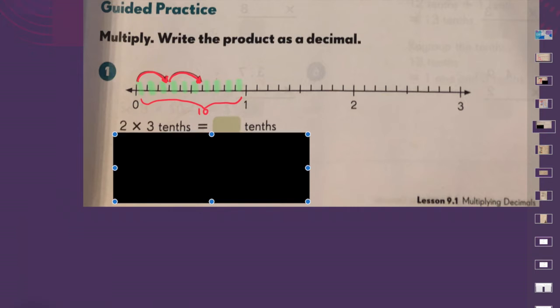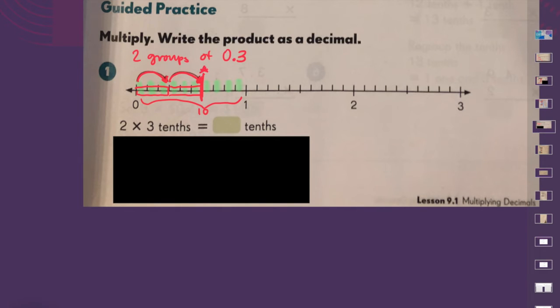And did you come up with 2 times 3/10, or 2 groups of 3/10? Essentially, that's what it's showing. Here's 1 group of 3/10, and here's the second group of 3/10. So 2 groups of 3/10.